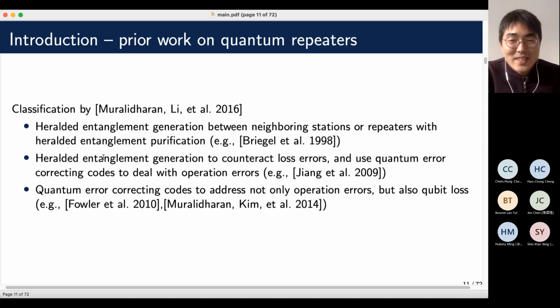In the second generation, they somewhat used quantum error correcting codes to deal with operation errors. And in the third generation, people used error correcting codes to address not only operational errors, but also qubit errors.